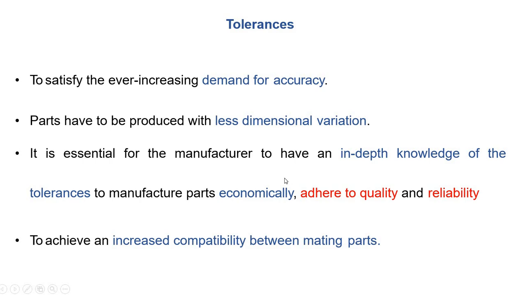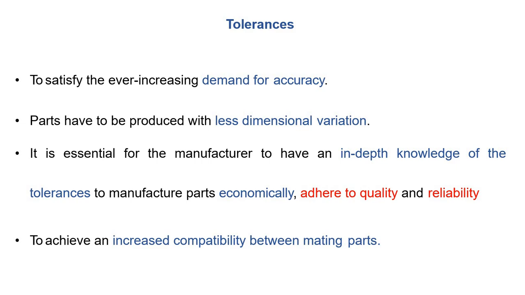Okay. So what are tolerances? Tolerances are allowable sizes given to any job or product. To satisfy the ever-increasing demand for accuracy, parts have to be produced with the least dimensional variation. It is essential for the manufacturer to have in-depth knowledge of tolerances to manufacture parts economically, adhering to quality and reliability.